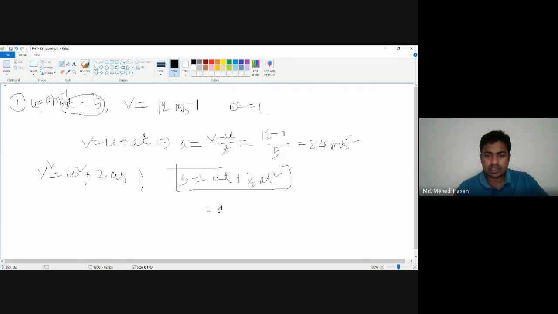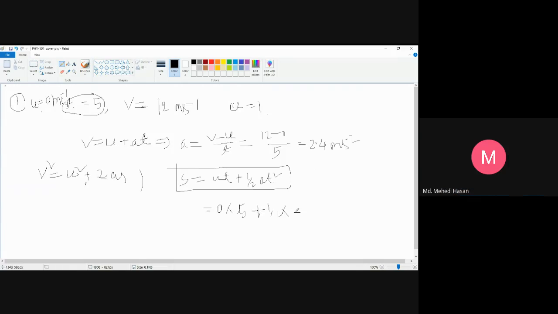The initial velocity is 0, so it is 0 into 5 plus half into the acceleration, which is 2.4. If acceleration is not given, we have to find it out. So half into 2.4 into 5 square, which is 25 into 2.4 divided by 2.